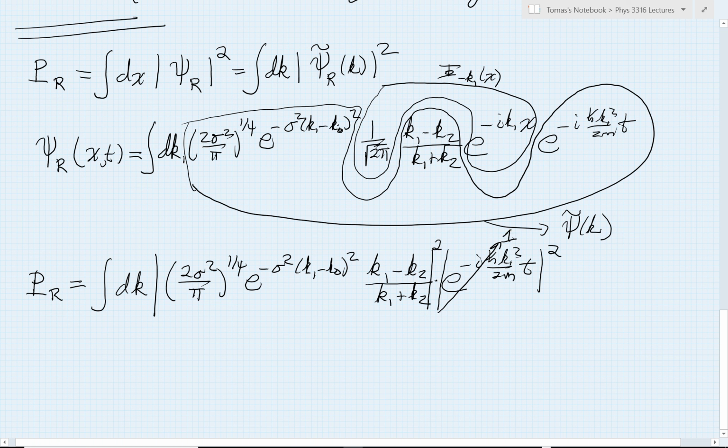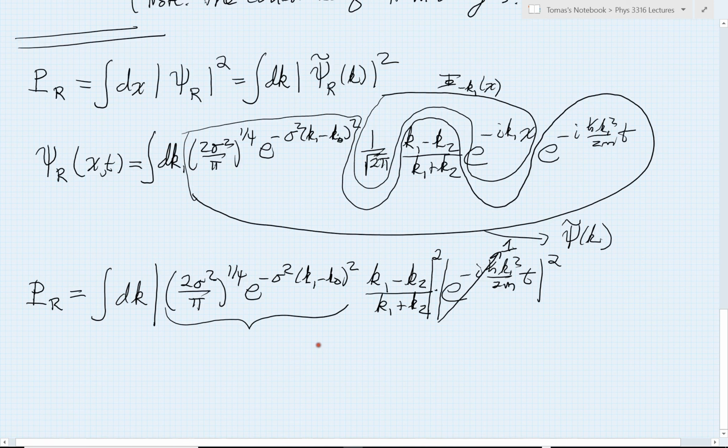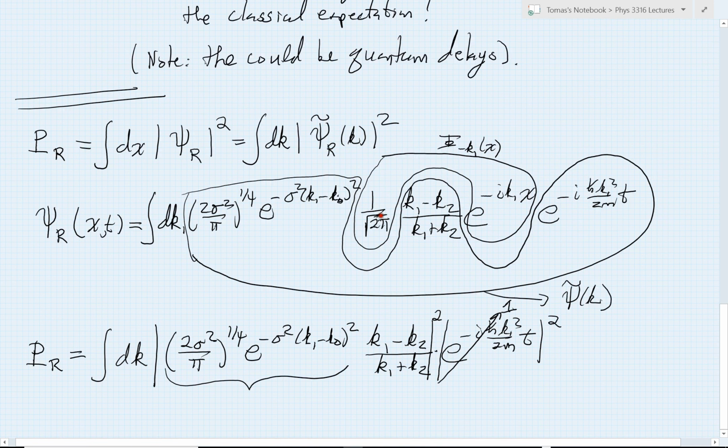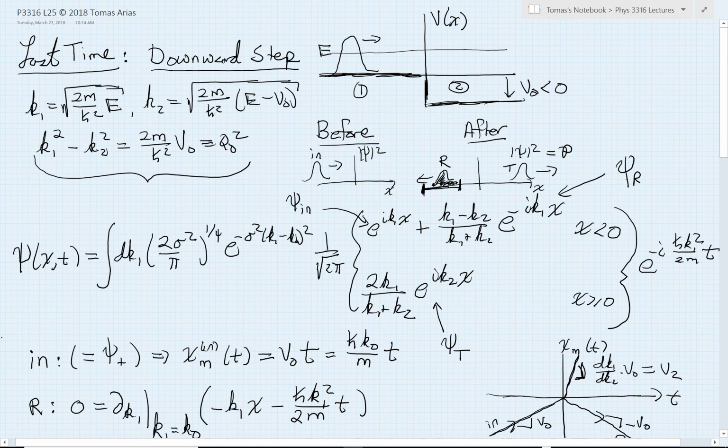Good, we're making progress. Now here's the one tricky thing that we're going to do here. I want you to notice something. This particular factor here has a very special job. That is what we put in, if you remember, at the very beginning of the day, to make this incoming wave packet be our standard normalized free space wave packet.